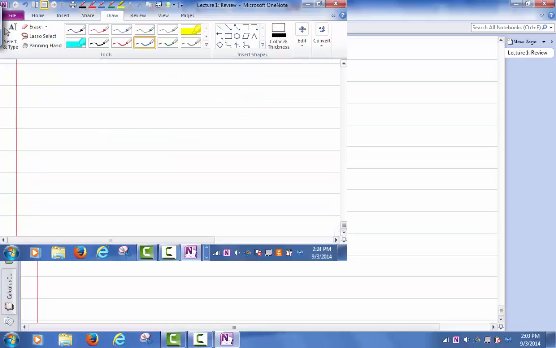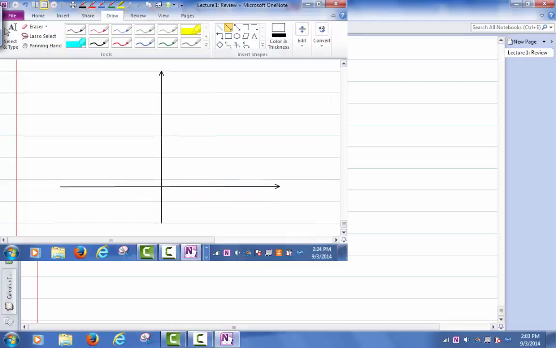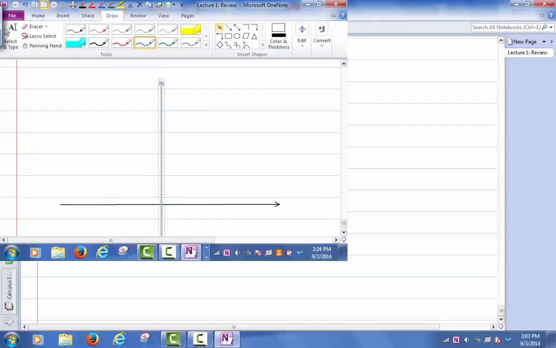How about perpendicular lines? Suppose I take one straight line which looks like this, and the other one, so these two are perpendicular lines. Let me call this one L1, this one L2.